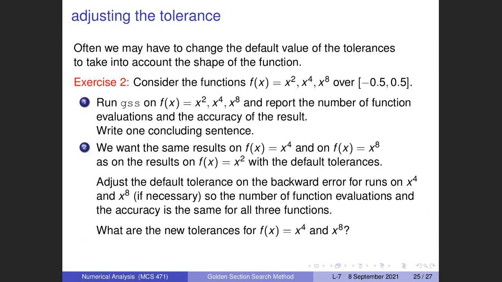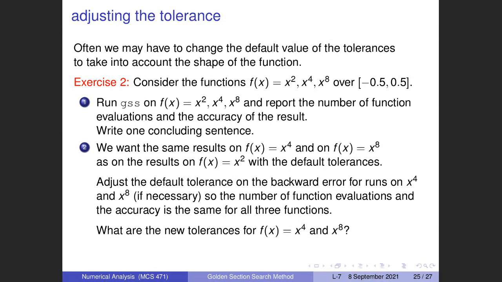Second exercise. The function was called on our running example with the default value of the tolerances. The purpose of the next exercise is that we consider 3 different functions over the same interval. The functions are such that the minimum is 0.